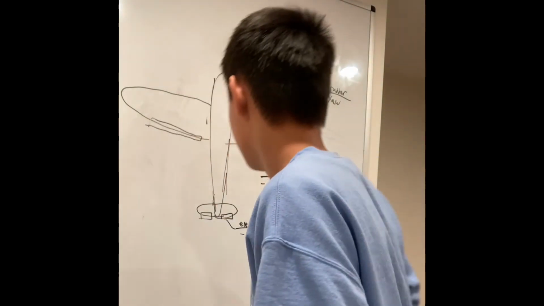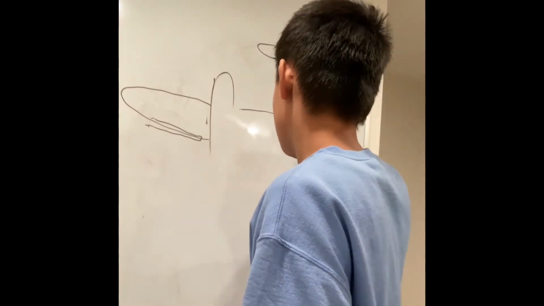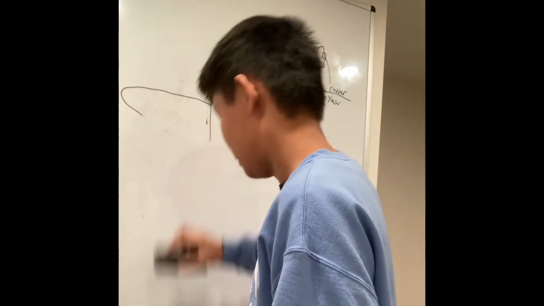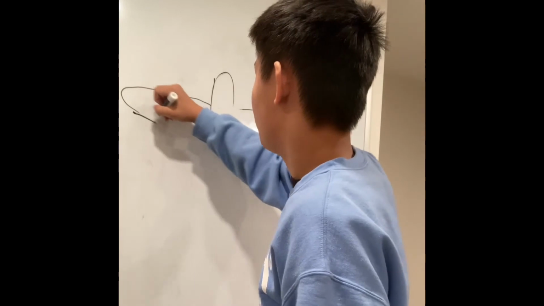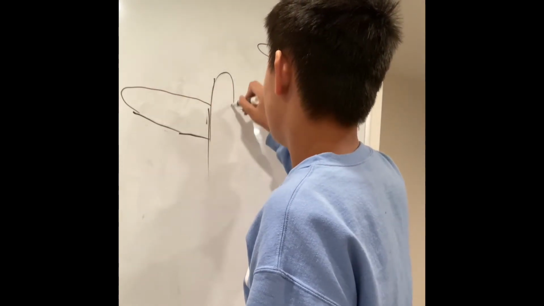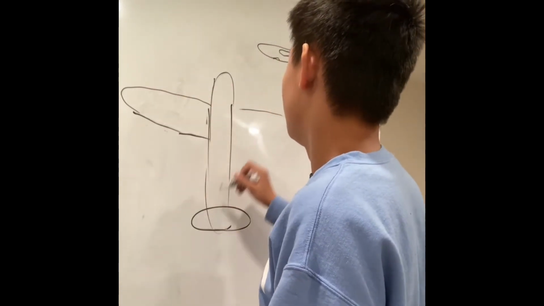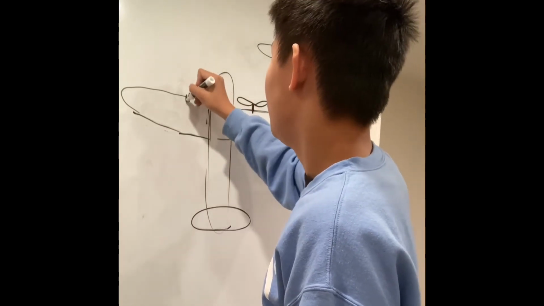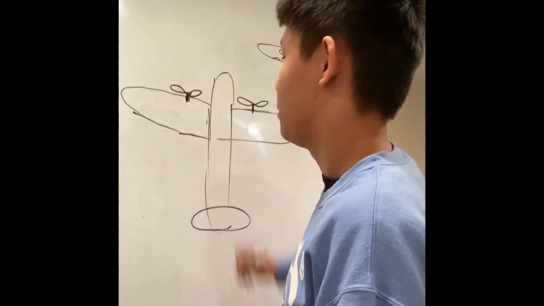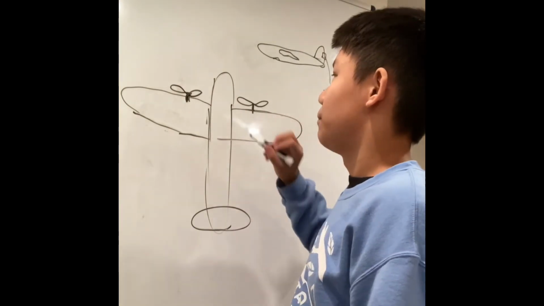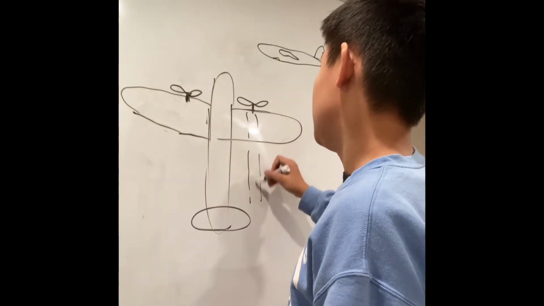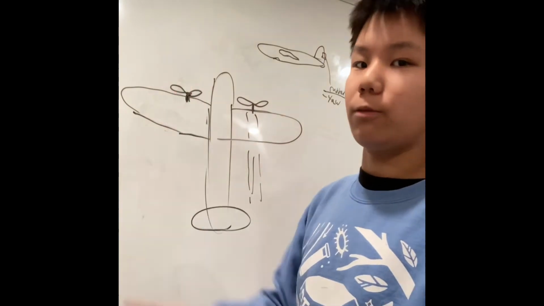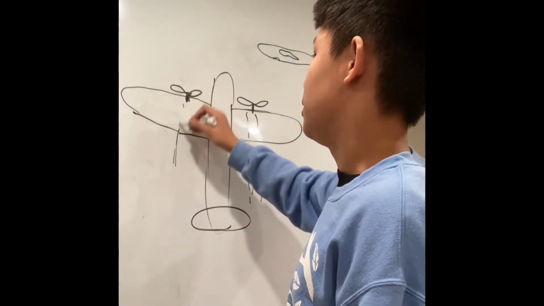So basically, differential thrust. Oh, I shouldn't have erased that. Okay. Differential thrust is like, so you have your 2 engines here. Well, for differential thrust you need a minimum of 2 engines. And then you can increase the speed of this engine to create more thrust, or decrease this.